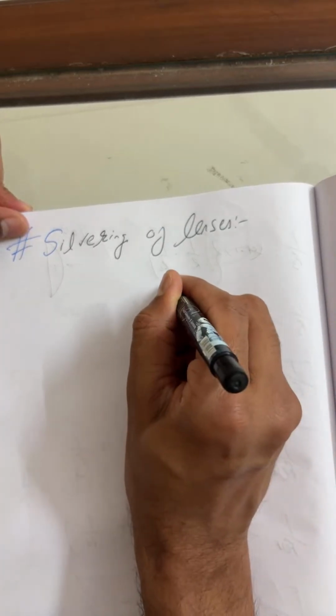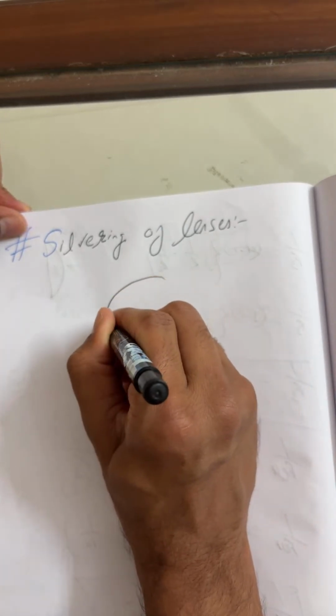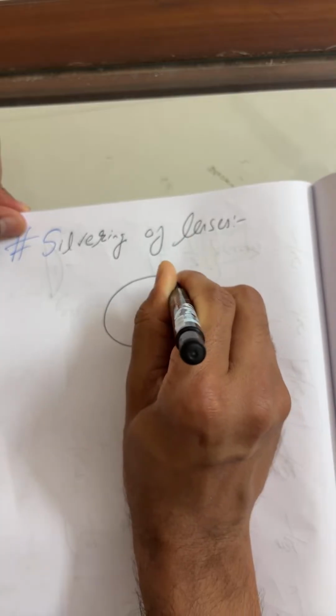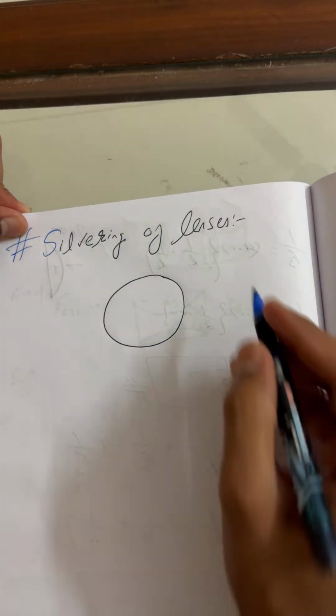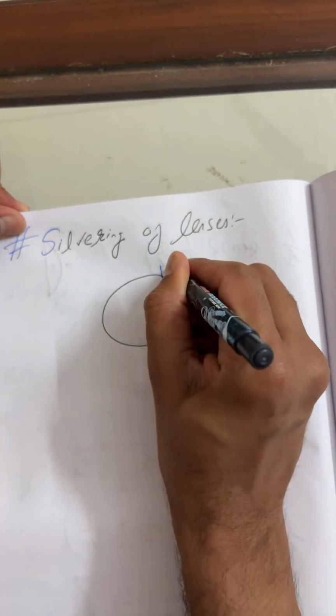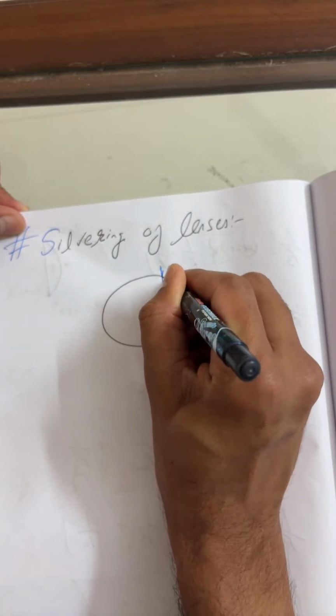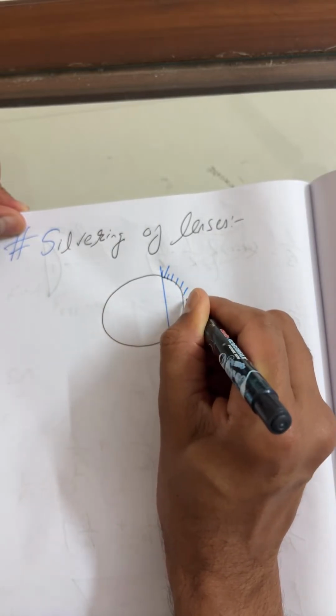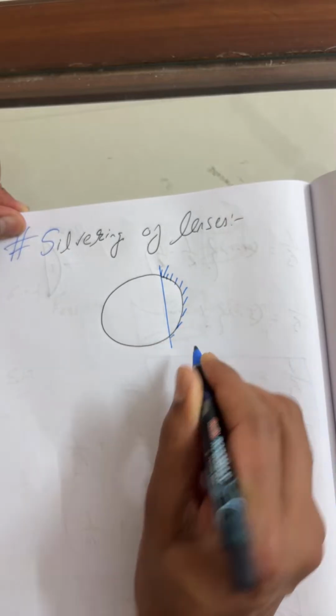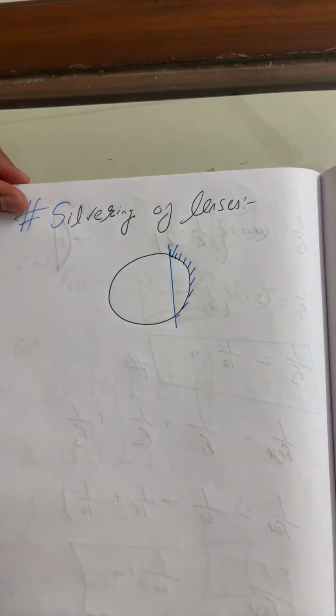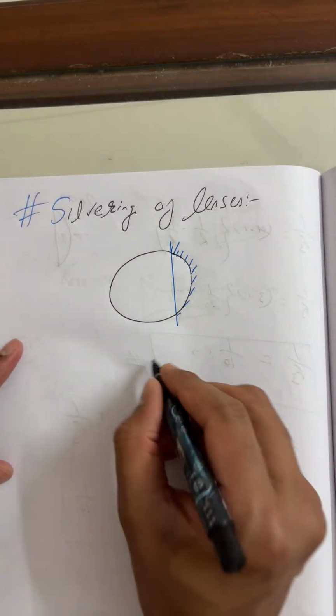Okay. So students, for this condition here, you can take any of the spherical surfaces and just polish this part. So we can see this surface acts as a mirror, acts as a mirror only. So what's the concept, students?